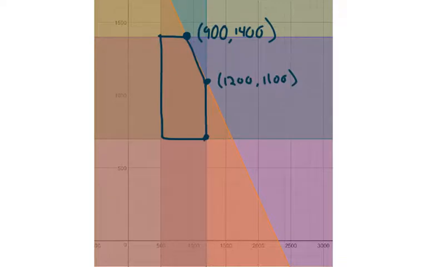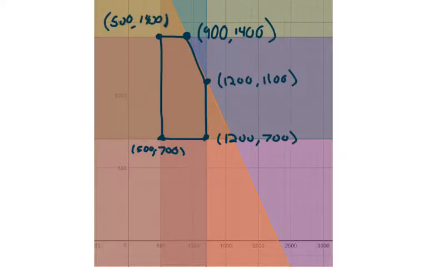This point down here is 1,200, 700. This point right here is 500, 700. And then this point up in the upper left is going to be 500, 1,400. So we have 5 points that we need to talk about.